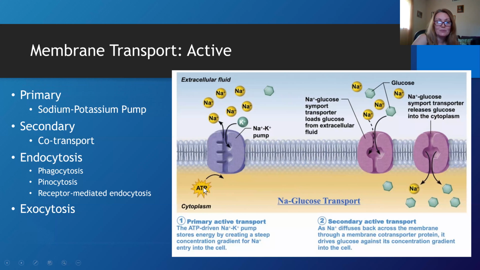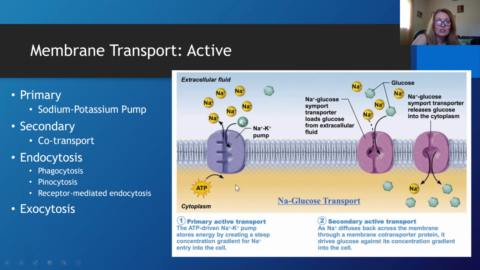Your cells use ATP energy. So what do we need? We need a protein, right? And we need ATP, and those pumps are going to transfer substances, in these examples sodium and potassium ions, against their concentration gradient, right?